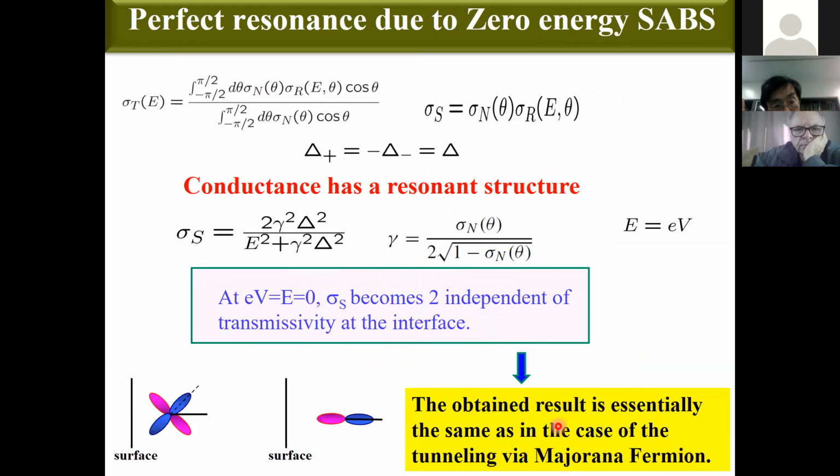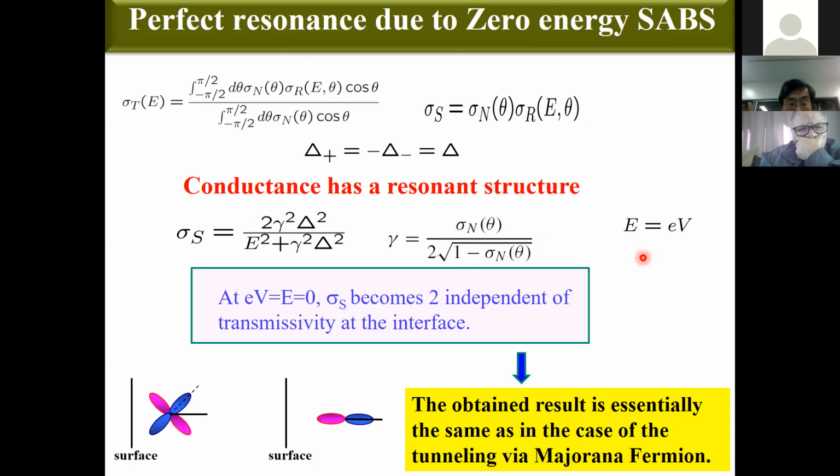Okay, so then let's look at a very interesting situation where delta plus equals minus delta minus is satisfied. It's the most dramatic and interesting situation. In that case, sigma s becomes sigma n times sigma r, and this sigma s is simply written like that. It means the conductance has a resonant structure at eV equals 0, and the width of this resonance is given by that quantity. So the zero bias conductance peak becomes sharper and sharper with a decrease of transparency.